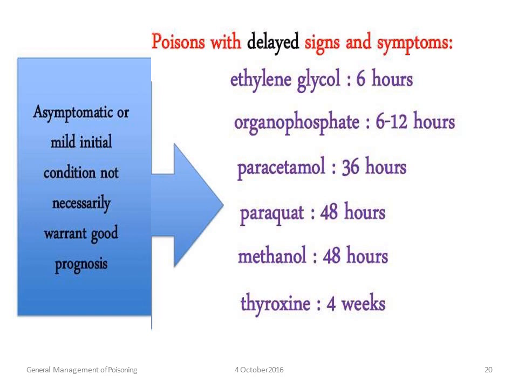Please remember the names: ethylene glycol, organophosphates, paracetamol, paraquat, methanol, thyroxine. There are others also, and it also includes another poison, that is rat killer poison, which is also known as aluminium phosphide.